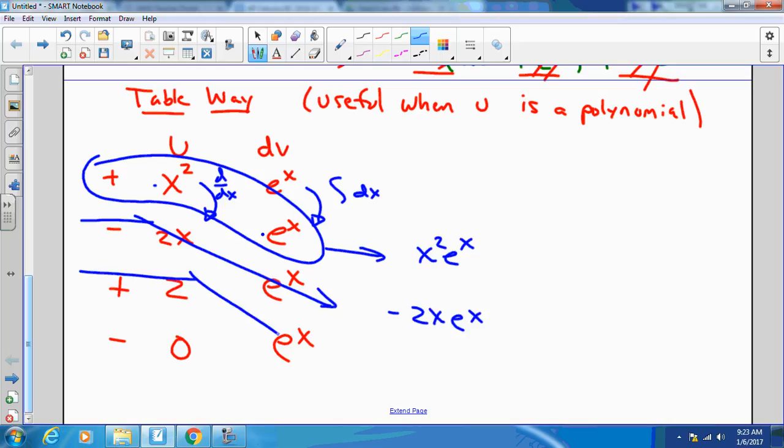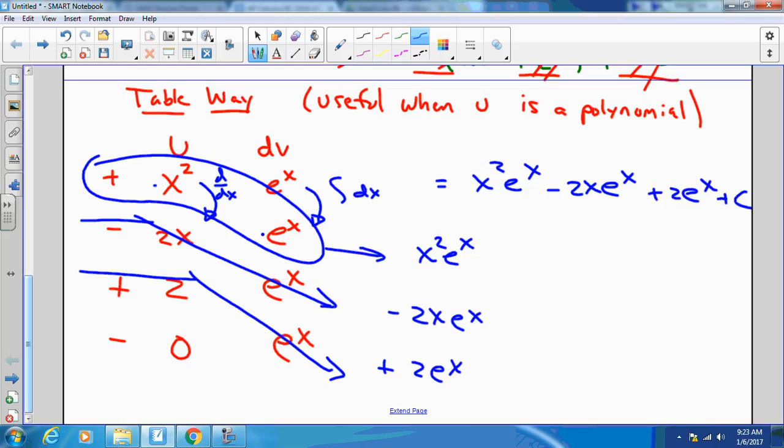Here's my last term. Terms beyond that are all 0. Plus the obligatory constants.